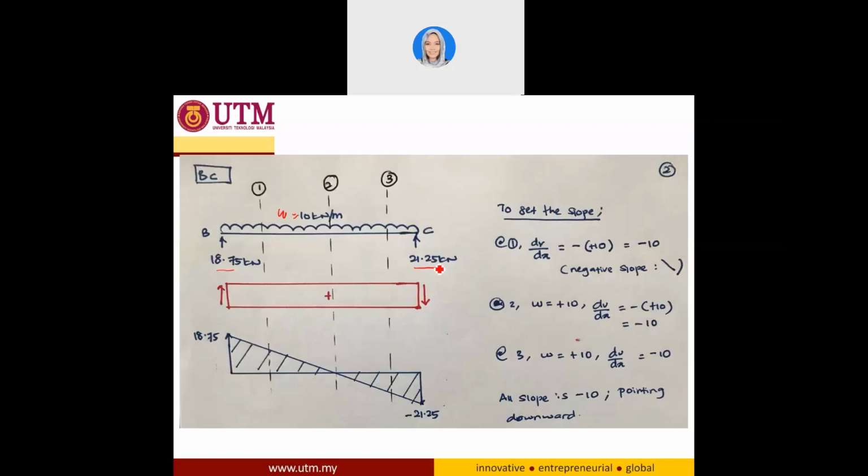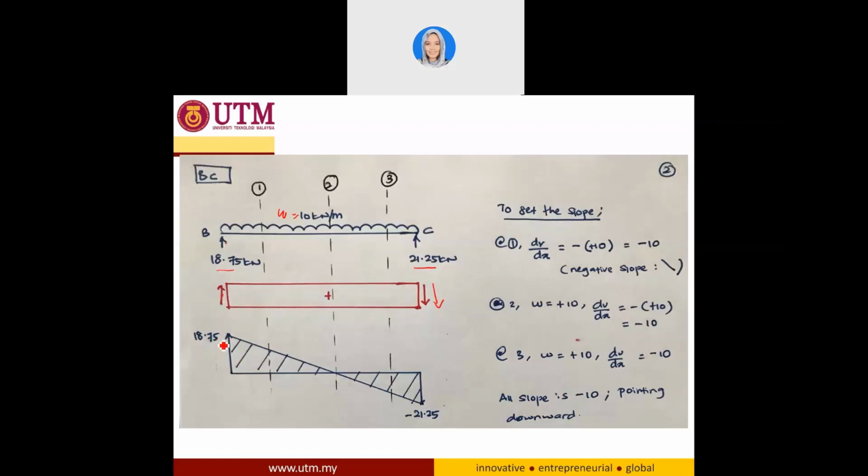Again, we refer to our guidance to prepare our shear force diagram. Going up is positive and over here going down is positive. So we look into our reaction here. It is the same arrow going up and going up, so it is positive.